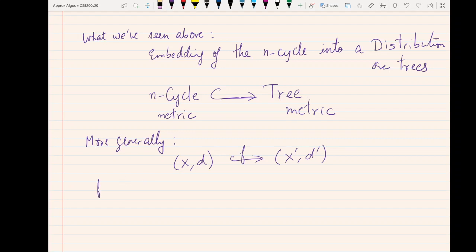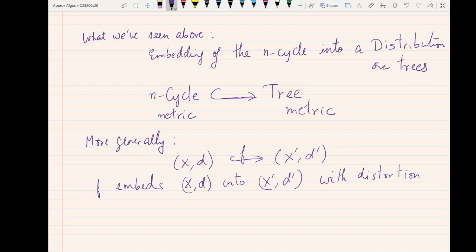Let me write it this way: f embeds (X, d) into (X', d') with distortion delta. That is, I want to formalize the concept that the distances in the new metric space are at most a factor delta off from the distances in the original metric space.